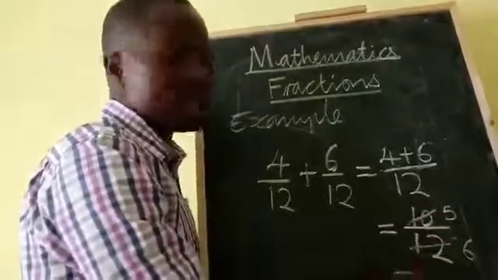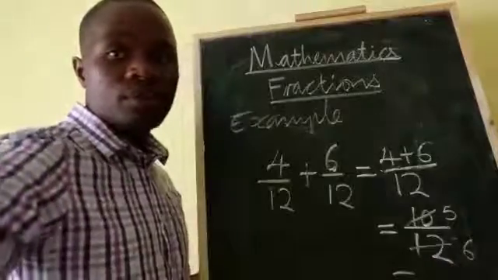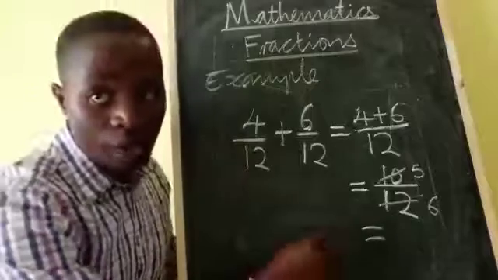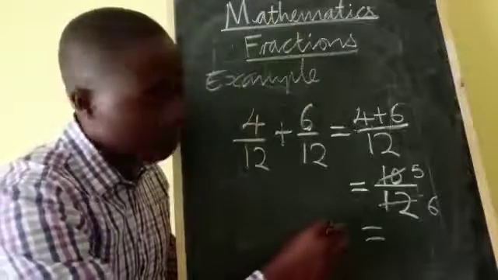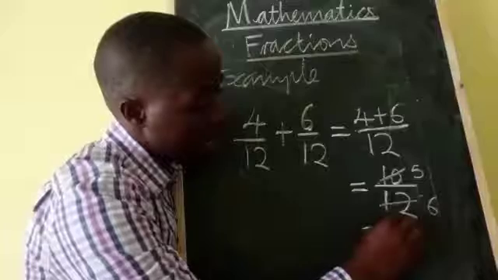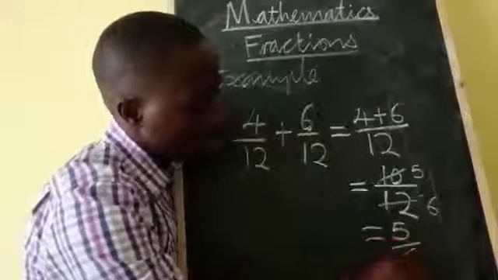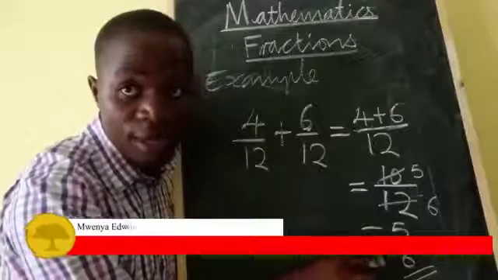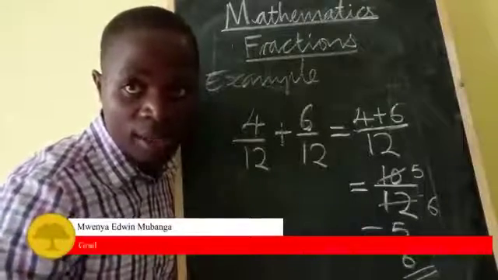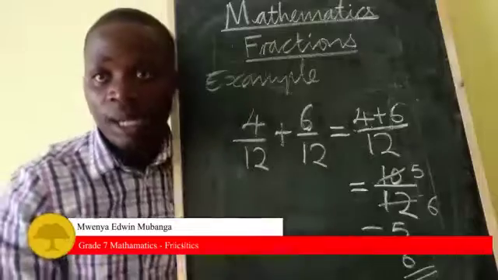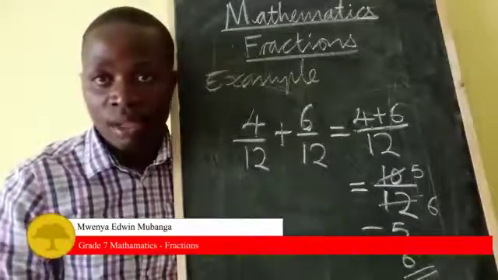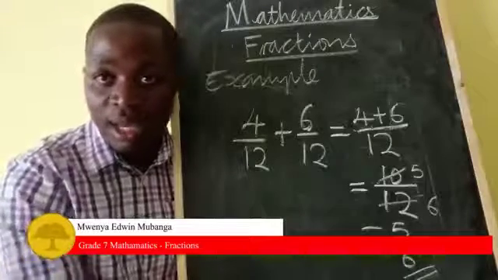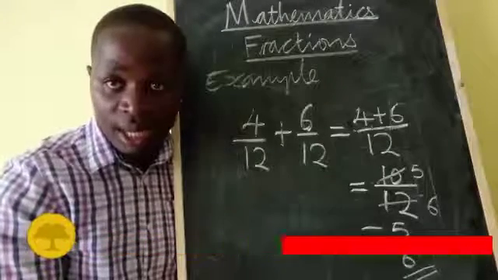So our final answer will be 5/6. Since there is no number that can divide 5 and 6 without a remainder, it means the question has ended there. But if there is a number that can divide here, you go on dividing further. But since we found the HCF, the question ends there.